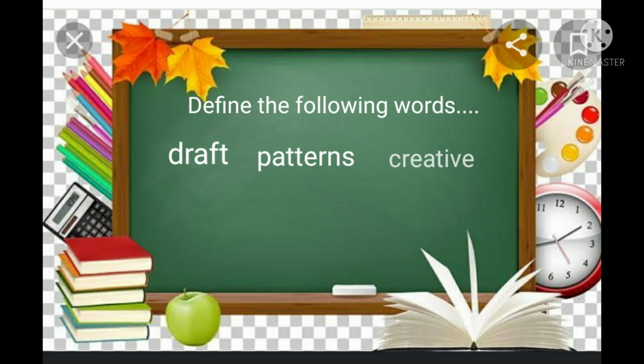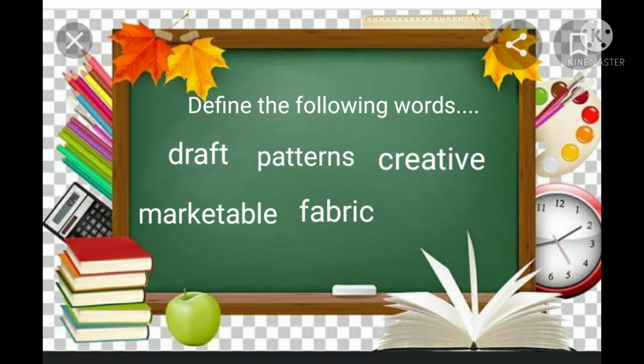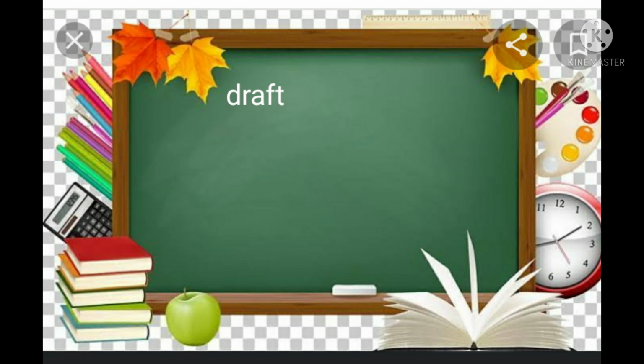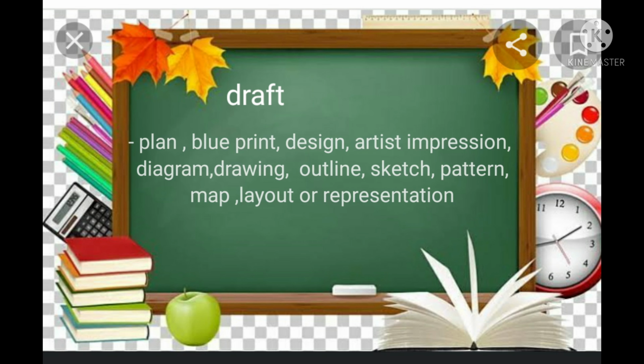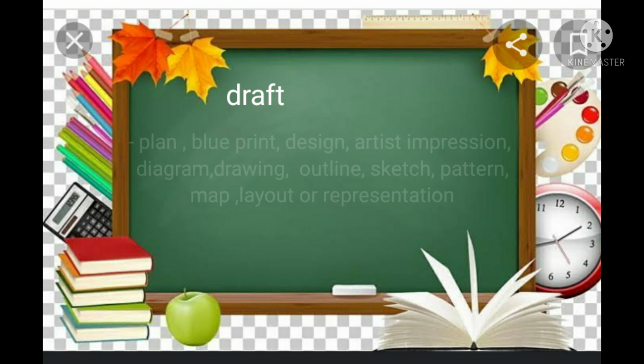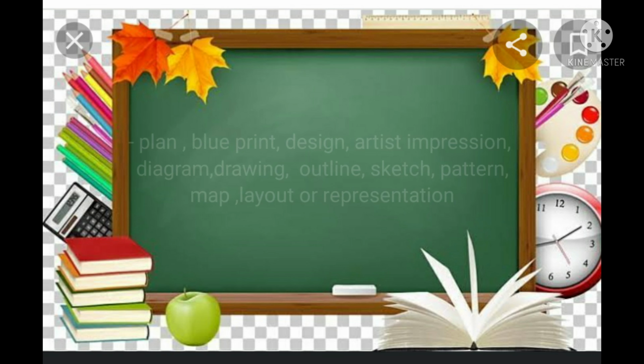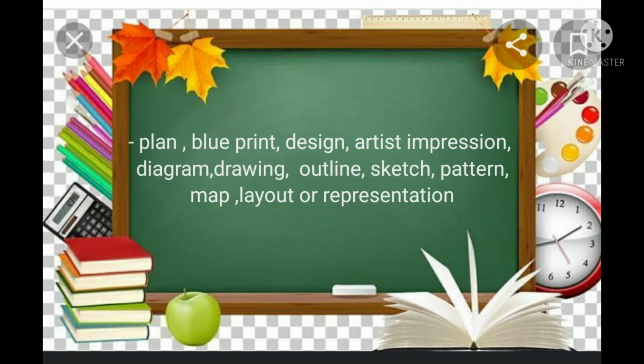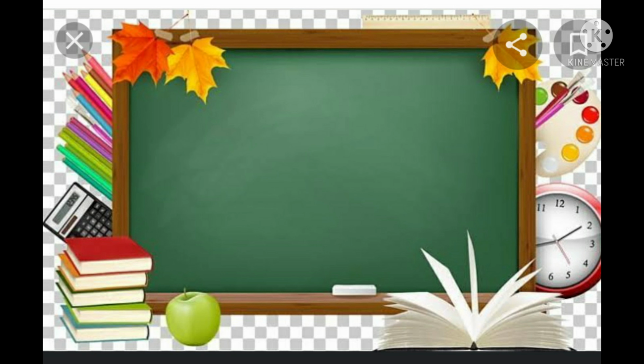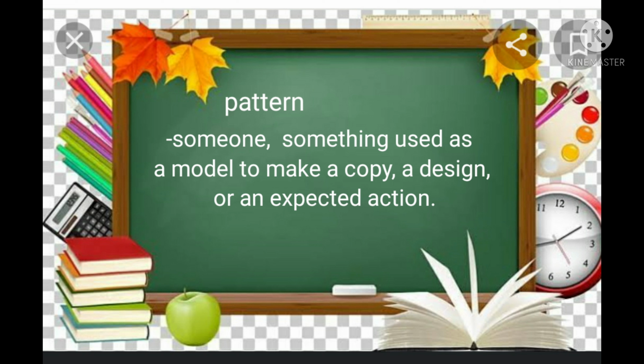Before we proceed to our main topic, let's first define the following words: draft, pattern, creative, marketable, fabric. A draft is a plan, a blueprint, design, artist impression, diagram, drawing, outline, sketch, pattern, map, layout, or representation. A pattern is something used as a model to make a copy, a design, or an expected action.